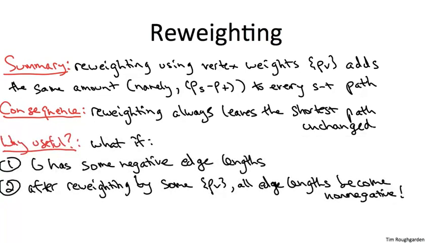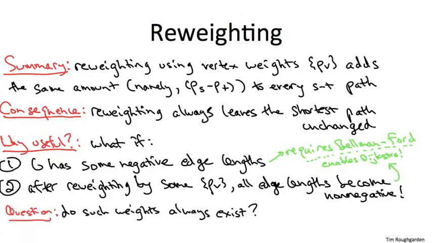If such a transformation existed, I hope its use would be clear. This would transform an instance of shortest paths where it seems like we're stuck with the Bellman-Ford algorithm because we start with negative edge lengths, into an easier one where we can apply Dijkstra's shortest path algorithm.